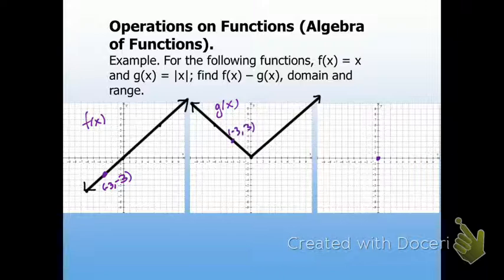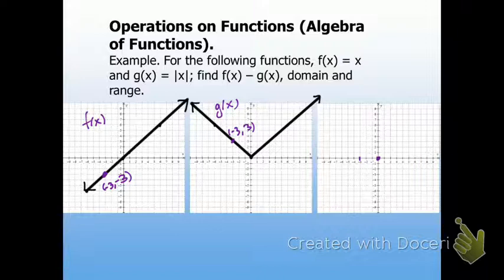So I have to subtract. I'm going to locate myself in the resulting function in the third xy plane at -3. I have to subtract the y coordinate of g from the y coordinate of f. So what is the y coordinate of f? -3.